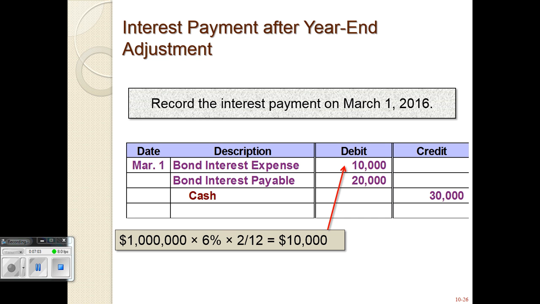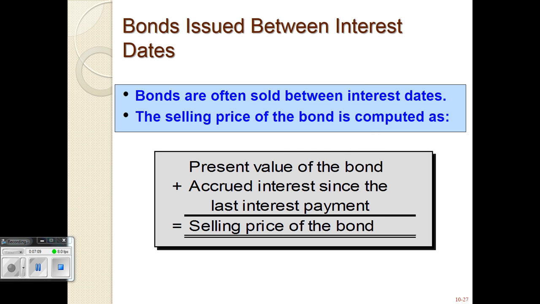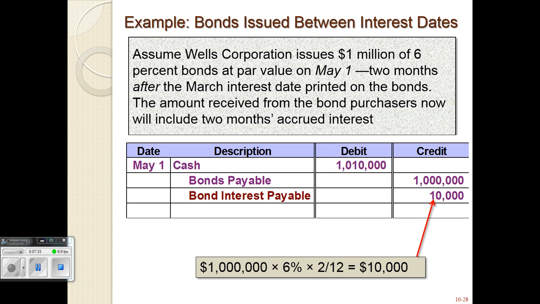If I sold it to you on August 29th, would it be fair for me to sell you a bond on August 29th, knowing you get the full interest for all 6 months on September 1st, the next day, for the $1 million or for the amount that you invested? And the answer is no. You only owned it for 1 day. It's not fair for you to get the interest for 6 months. So when we sell bonds between issue dates, we have to account for that.